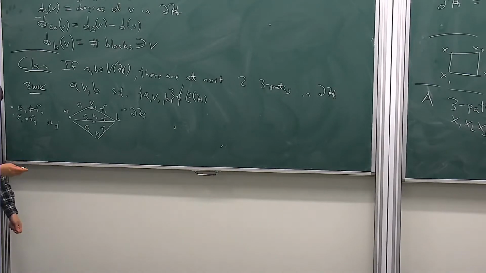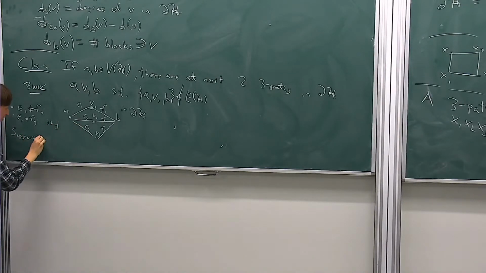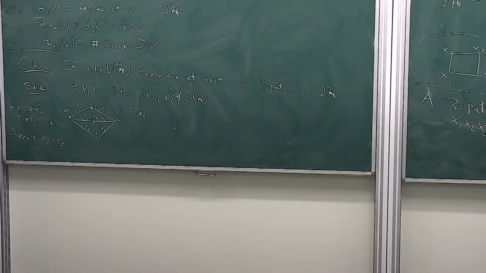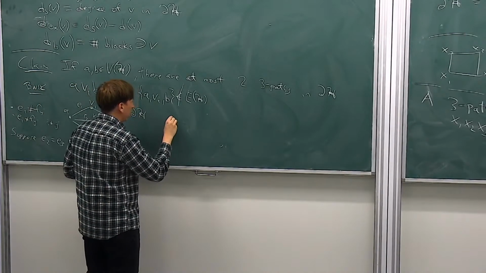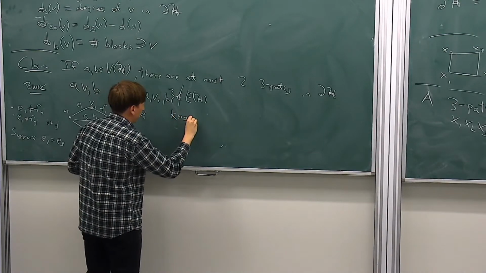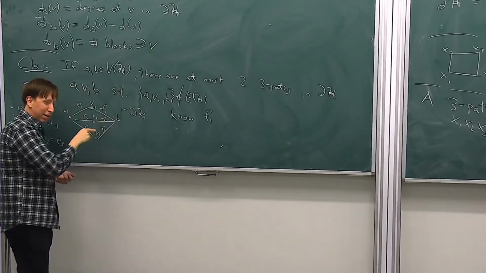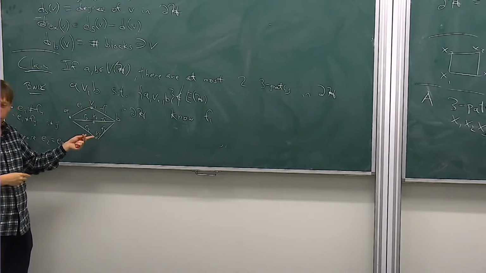So let me assume that some of these are the same. Let's say without loss of generality that E2 equals E3. Let's assume this, otherwise we're done. Now, we know that it can't be that F1 equals F2 equals F3, because if that's the case, that's 4 vertices in the hyperedge.